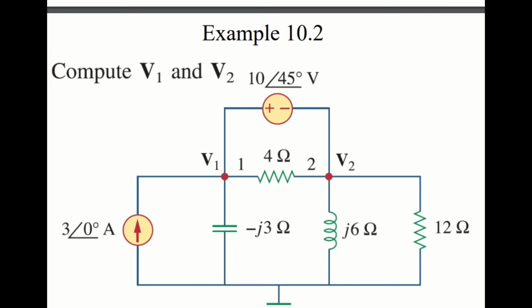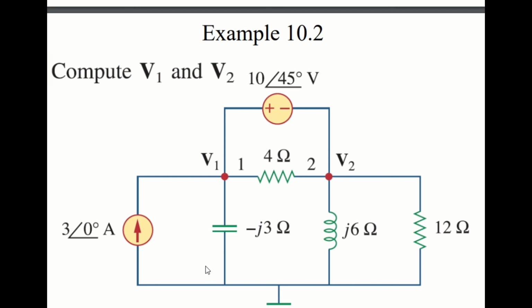So let's look into this example. You have a circuit over here, and the question asks to compute V1 and V2. There's an independent voltage source, and we also have an independent current source.